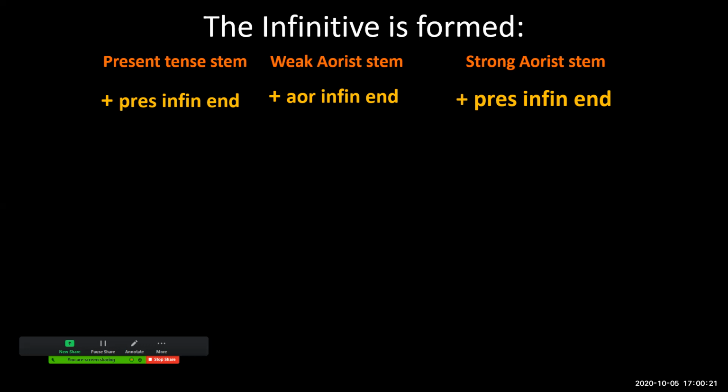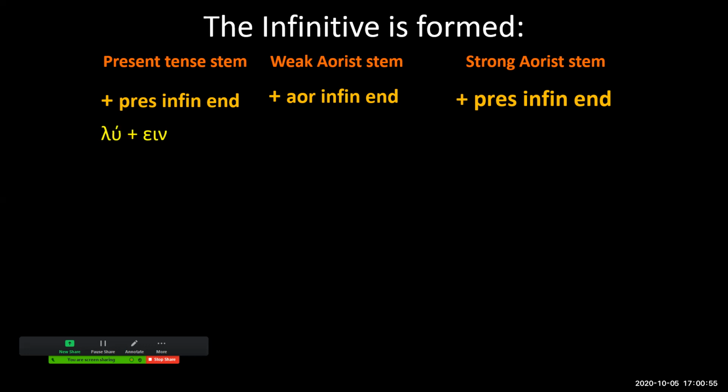On our screen, you'll see the forms of the ending added to the present tense stem, to the weak aorist stem, and to the strong aorist stem. You'll need to keep in mind that the present infinitive ending might be added to an aorist stem in order to form an aorist infinitive.